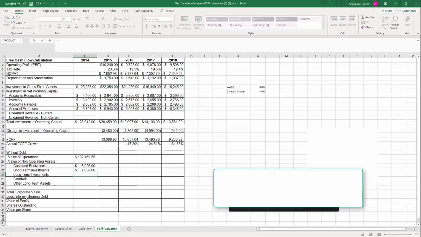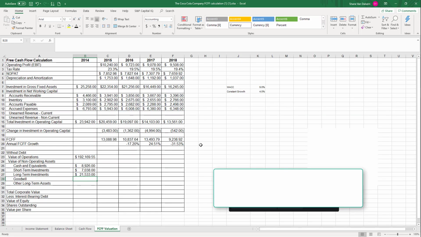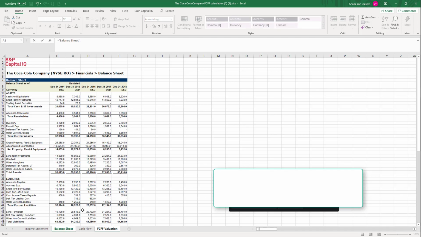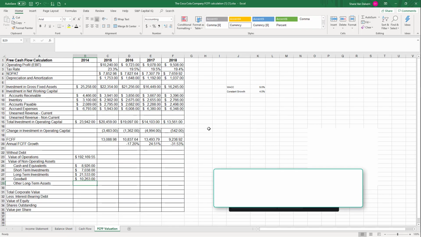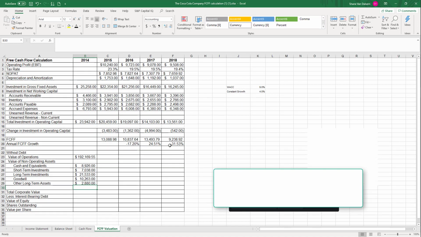Then I'm going to go to the balance sheet and long-term investments. Goodwill, $10.263 billion. And then other long-term assets of $2.88 billion.